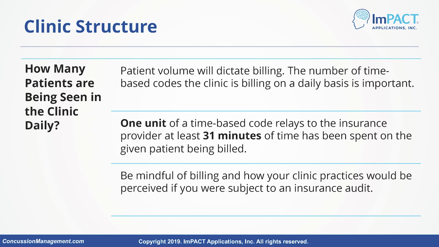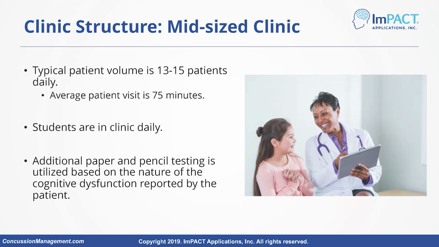If you were to bill 40 or 50 patients a day for concussion testing, that is going to stand out. So typical patient volume is 13 to 15 patients a day, with an hour to an hour and 15 minutes, and that includes everything from the intake to the evaluation to the testing to the follow-up.